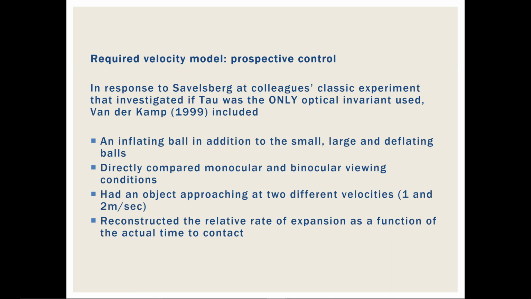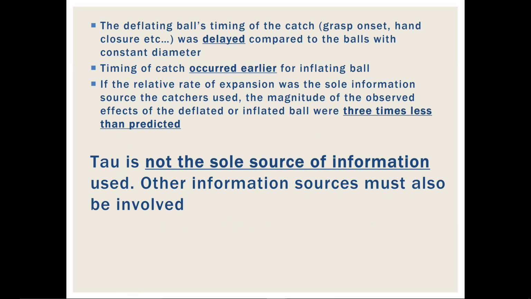And so what they did was they had the same conditions, but they also made an inflating ball, not a deflating ball. And they saw that, in fact, when they used the inflating ball, they were again able to manipulate someone's ability to time and grasp a particular ball. And they said, because of that, tau is not the only source of information that is used.